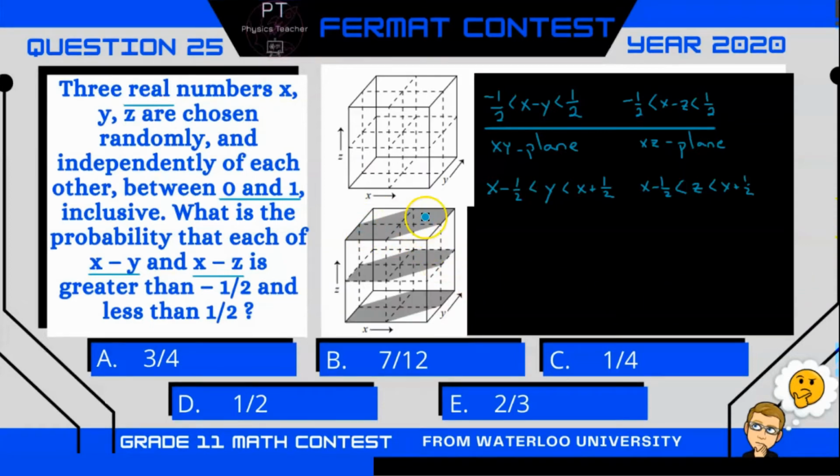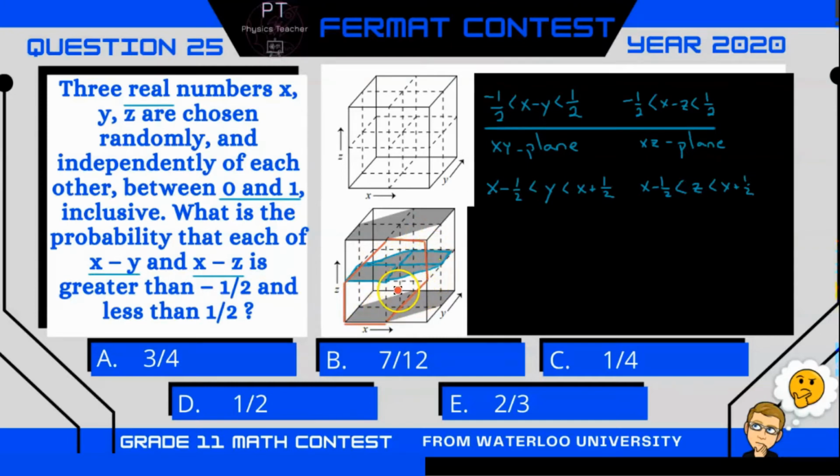Now if we just look at one level or one slice of this cube, we can see that this portion of this cube, and this one, are fully enclosed by those restrictions. Whereas the other cubes here are only half enclosed by these restrictions. Now this red outline is what you would see in the xz plane, going sort of into the screen there.